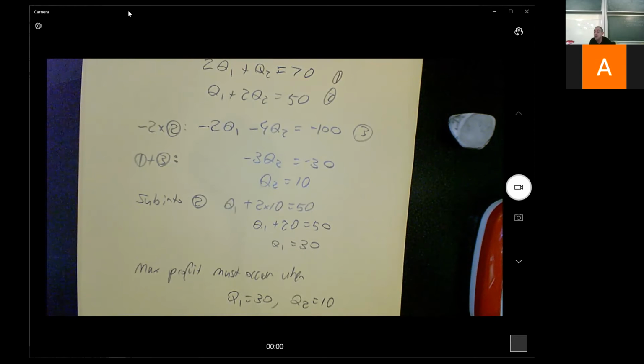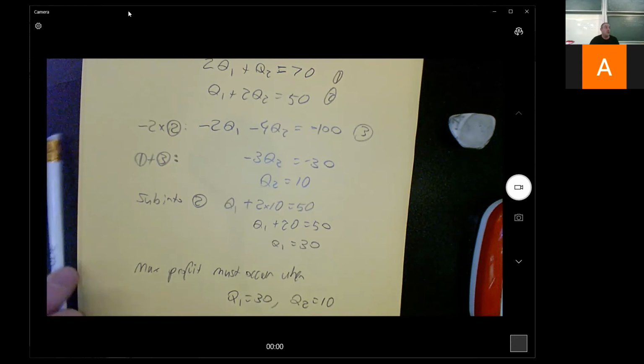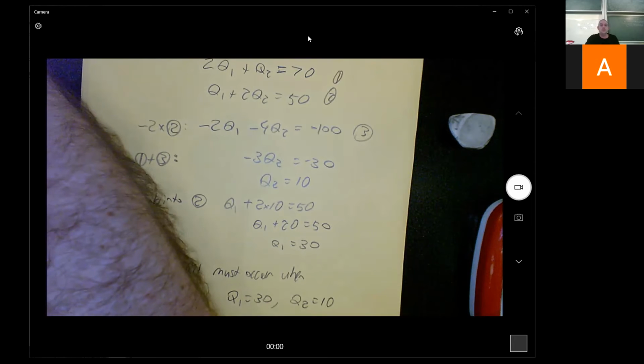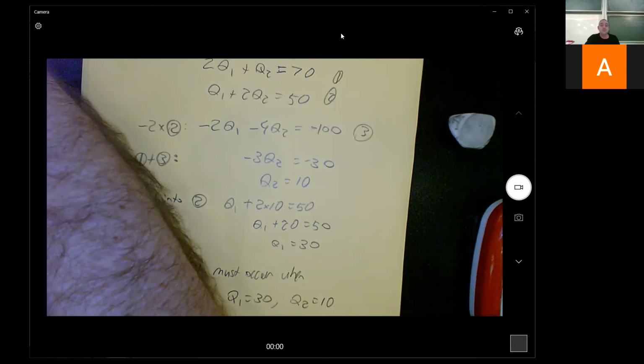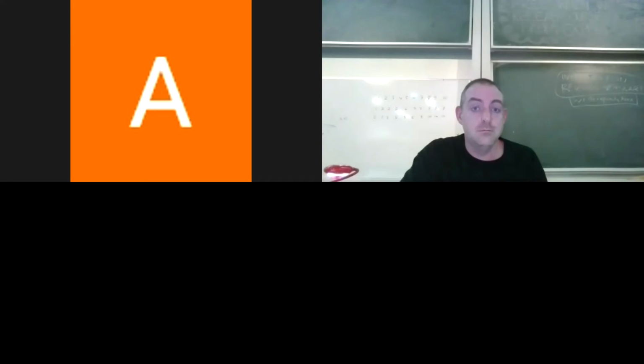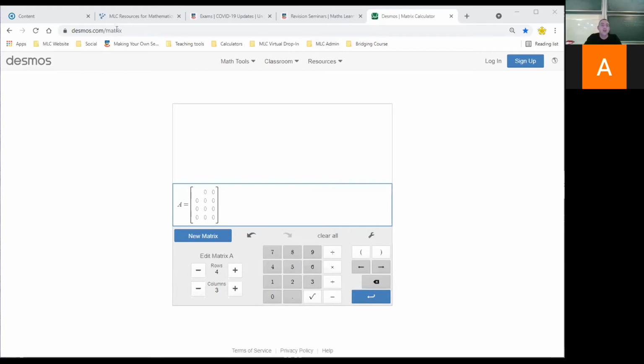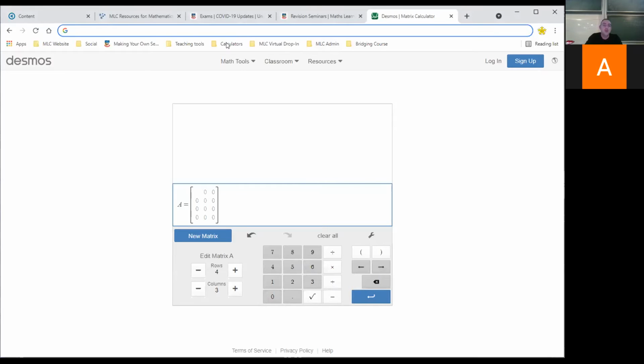Yeah, I mean, Desmos, yes, you could have graphed, you mean graphing the two of them? Yeah. Well, I mean, we could have. I mean, you don't have to do it. No, I'm interested. Where is my website? So I don't want the matrix calculator. I want to go back to the.